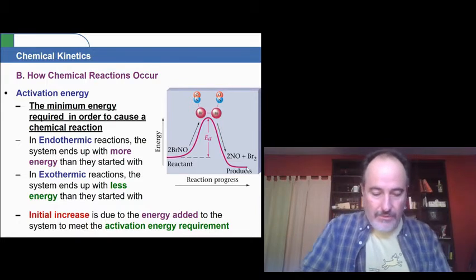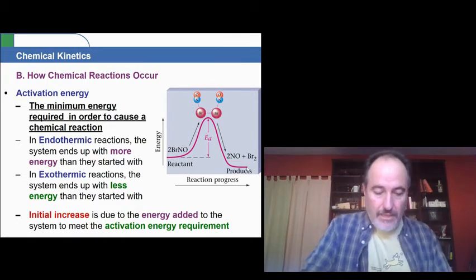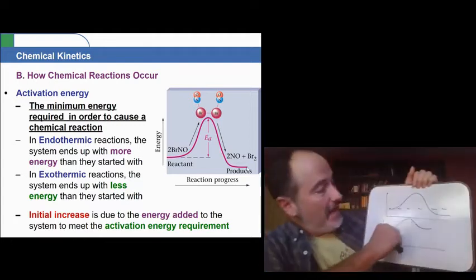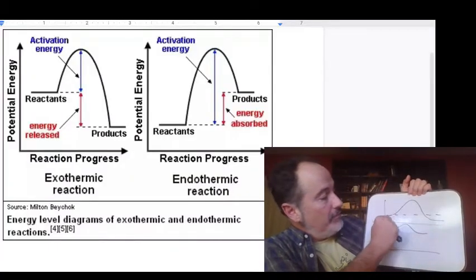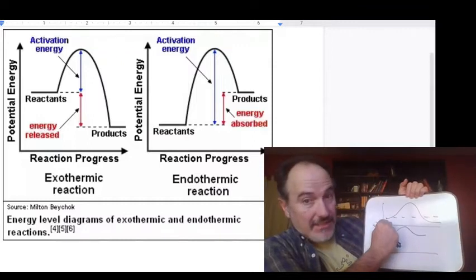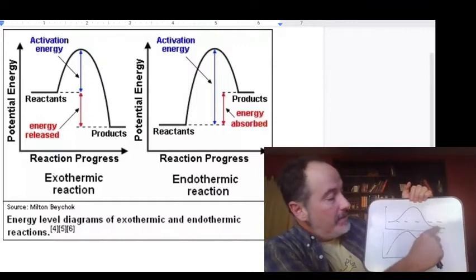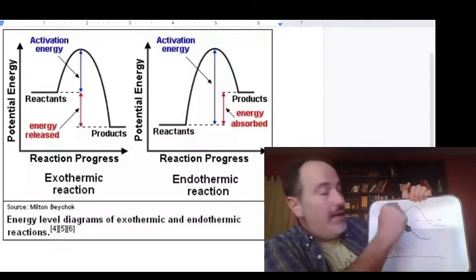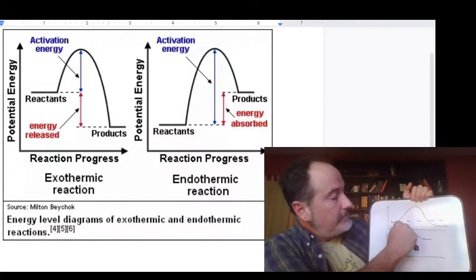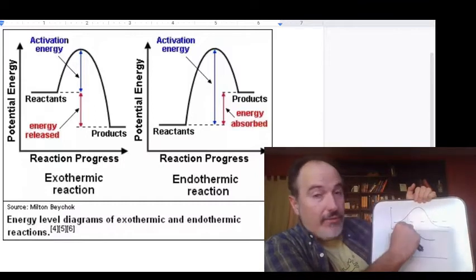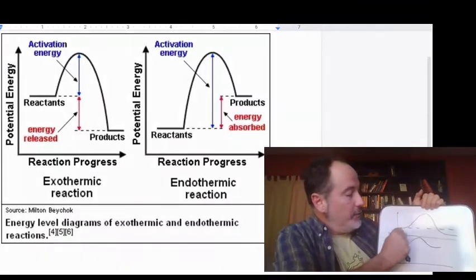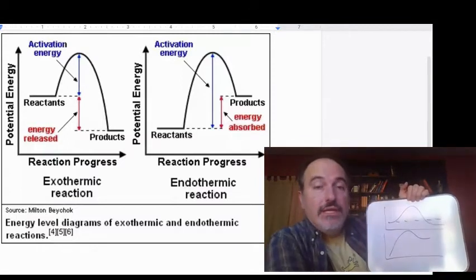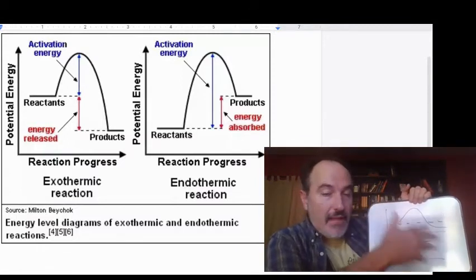Now, let me do some rough drawings here. In this one, I don't know if you guys can make this out. This, where the reactants are higher up than the products, represents an exothermic reaction, where you put in some energy, but more is released, just like we learned in the last activities.